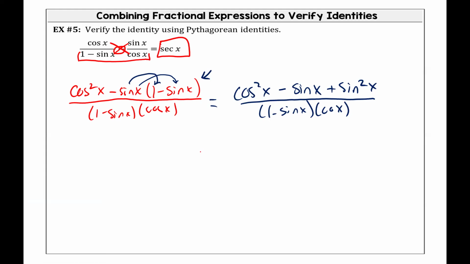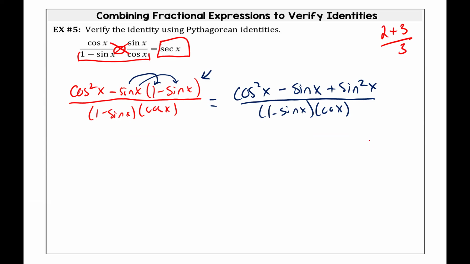You cannot cross out over addition and subtraction. You cross out factors, not terms. Terms are things that are being added together. So I cannot cross anything out because these are being subtracted. For example, if you have 2 plus 3 over 3, can you cancel out 3?